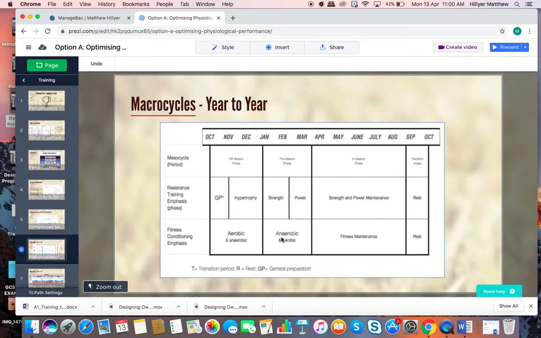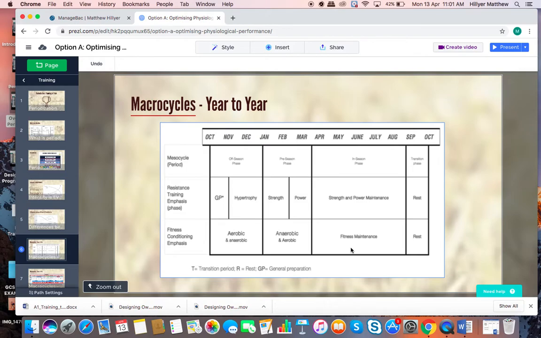An example of this would be 50-meter sprints, even elite 100-meter runners. They are predominantly anaerobic, and that means only a small percentage of the energy used to perform a 100-meter sprint is actually coming from the aerobic system. That we will cover in future topics. And then again, fitness maintenance, however that would be.